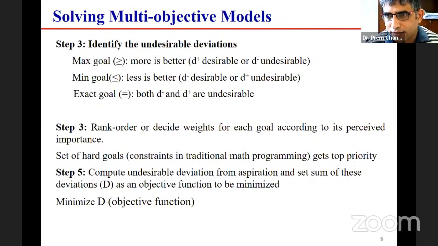Like that, we either weight or rank the goals. In ranking, we achieve the first goal and then move to the second. In weighting, we assign some weights and solve the problem at a time.